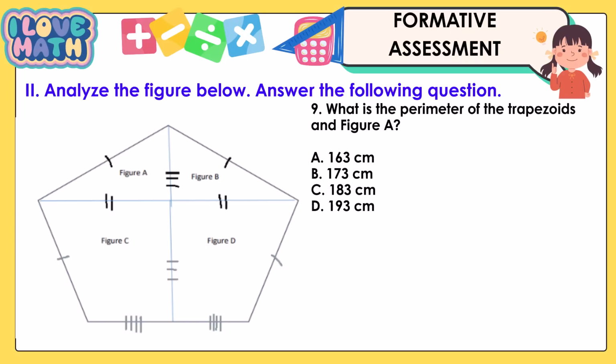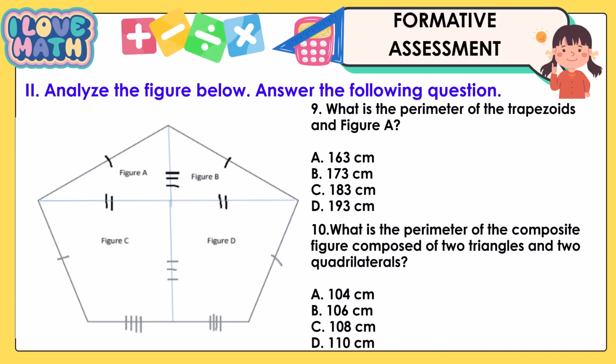Number 9, what is the perimeter of the trapezoids and figure A? And number 10, what is the perimeter of the composite figure composed of two triangles and two quadrilaterals?